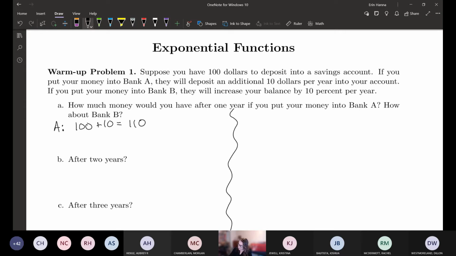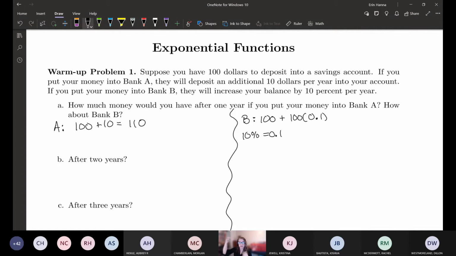For Bank B, you still start with that $100, but then they're going to add on 10%. So it's going to be 10% of that $100. Let me remind us, 10% is equivalent to the decimal 0.1.